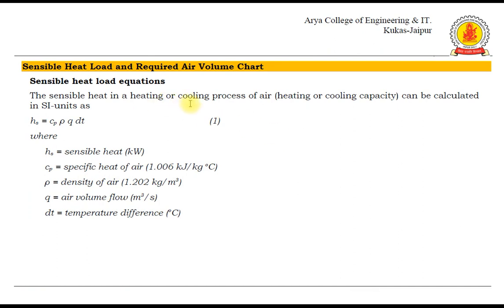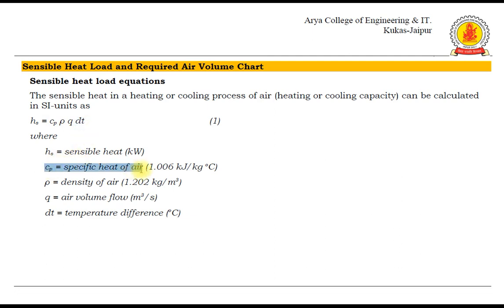The sensible heat load in a building can be calculated by a simple equation that we know from before. That is, sensible heat is equal to specific heat of air, density of air, volume per unit time, per second, and temperature difference.